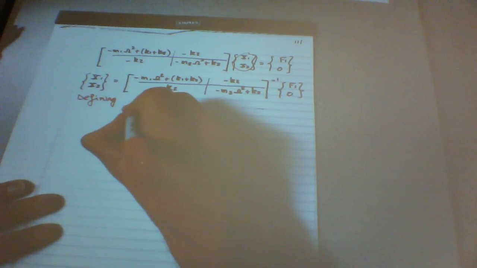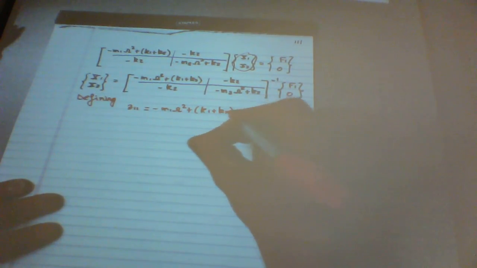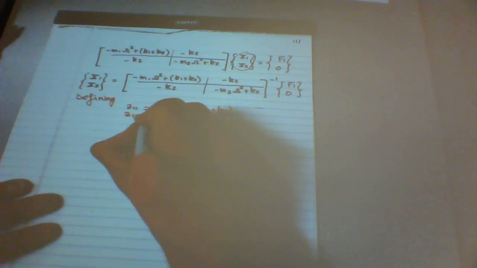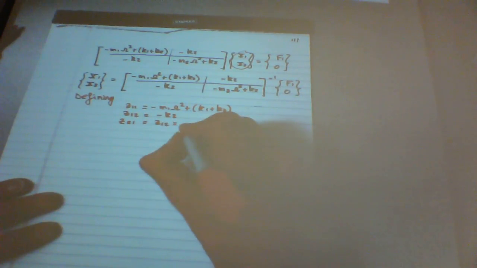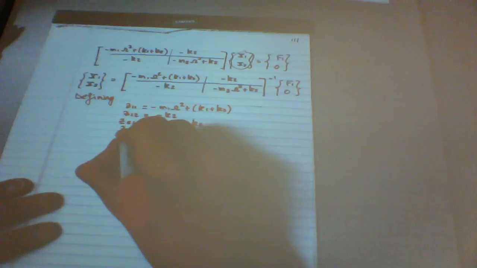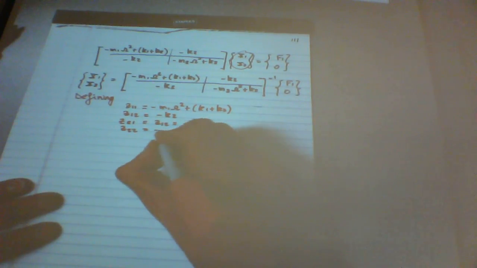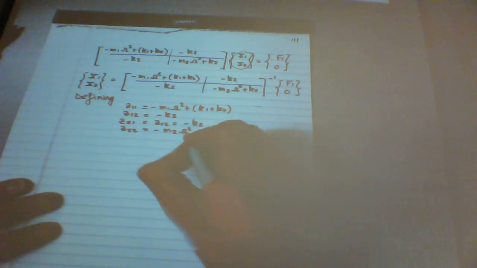So let's just do it for the specific case. Let's say now defining Z11 as minus M1 capital omega squared plus K1 plus K2, Z12 as minus K2, Z21 equals Z12 equals minus K2, and Z22 equal to minus M2 capital omega squared plus K2.